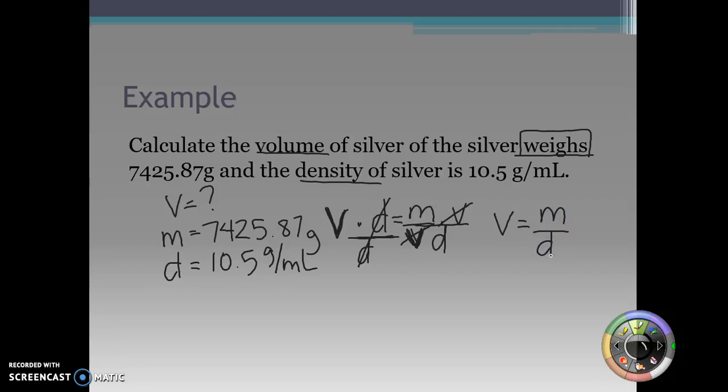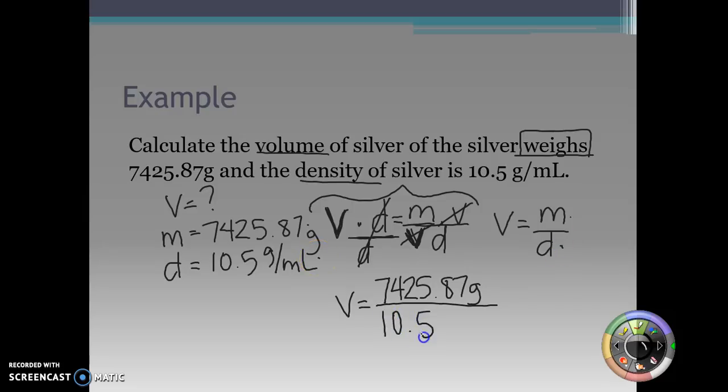And anytime you do a math problem in this class, you really need to show your work. This manipulation of variables, this is not showing your work. I need to see where you're putting which numbers. So volume equals mass, which we determined is 7,425.87 grams, divided by density, which they told us is 10.5 grams per milliliter. So we have grams over grams.